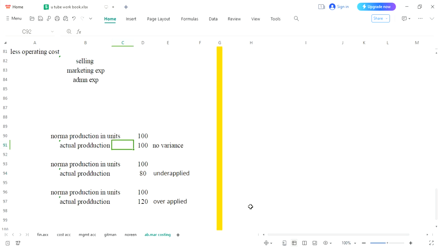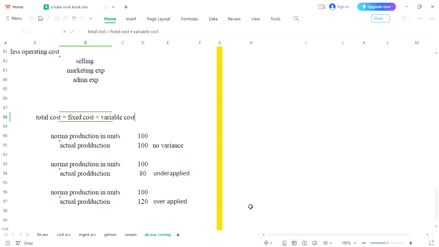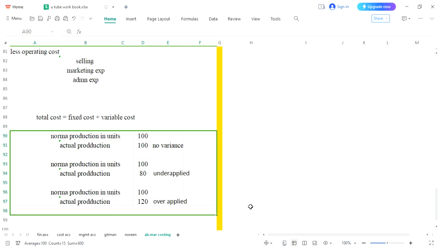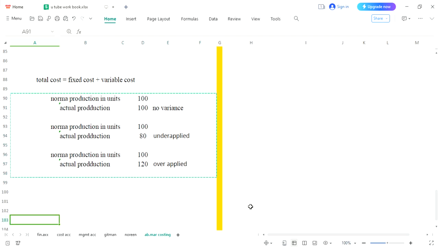Here you will create your working, and as you know, your total cost is the sum of fixed cost and variable cost. This you have understood, it was just an example, so we are taking it a little further down.